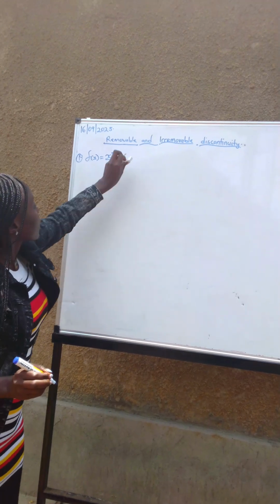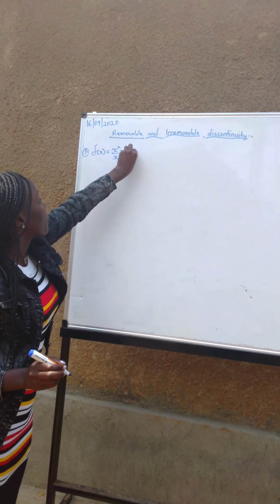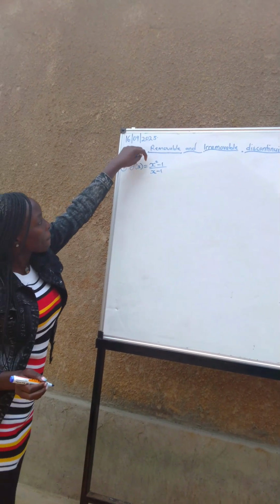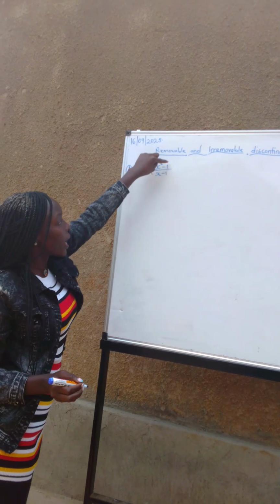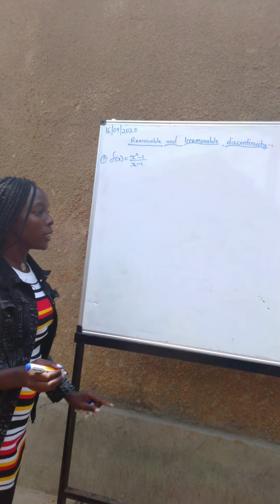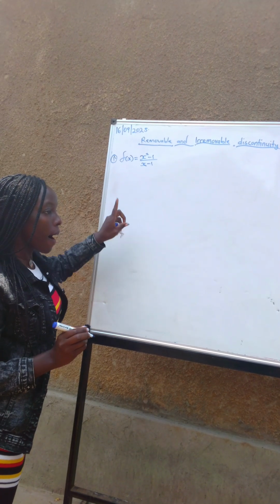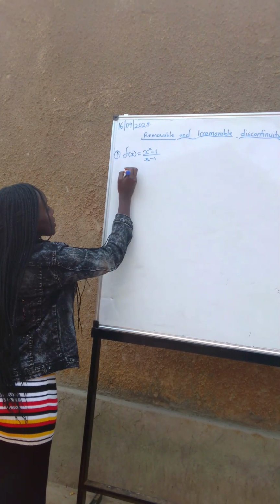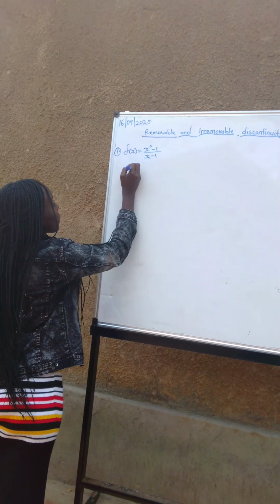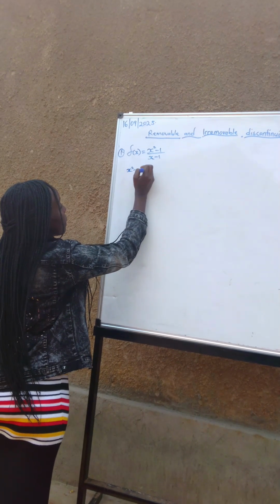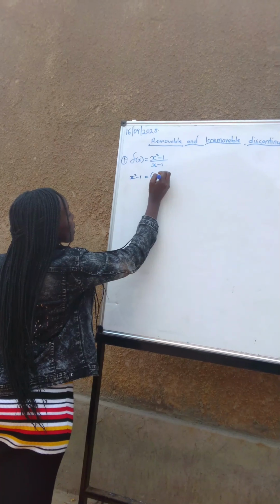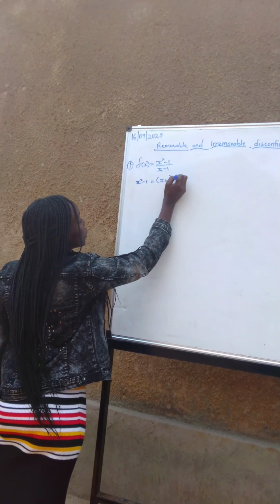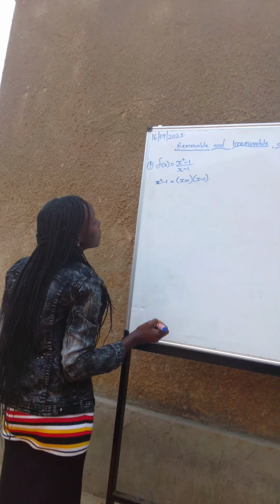If you look at this equation, x squared minus 1 is a difference of two squares, which is the same as x plus 1 times x minus 1.